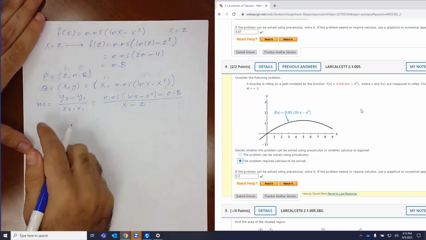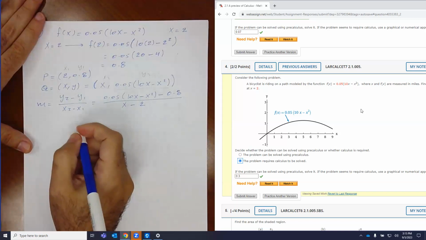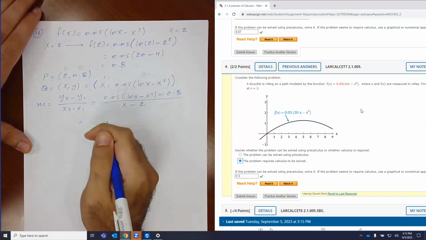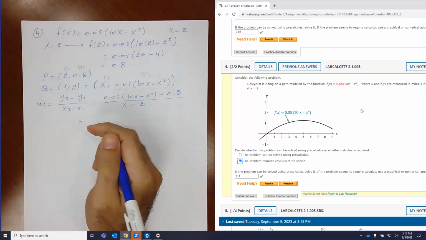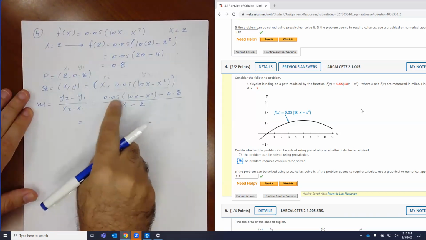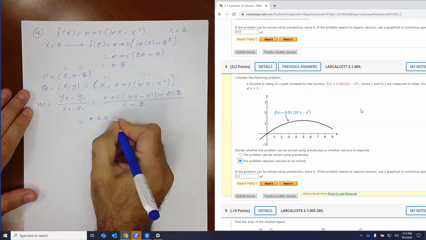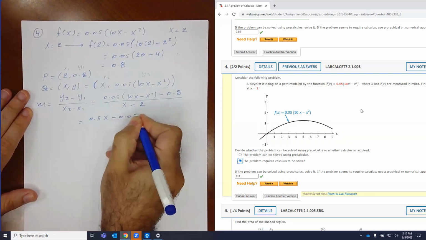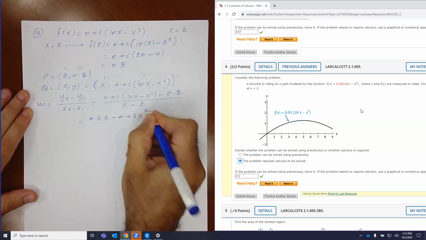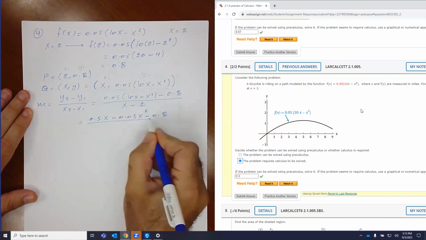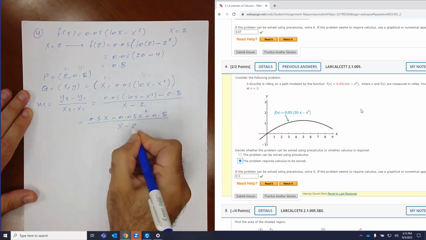So now, let's keep going. What I'm going to do here, I'm going to distribute this part. So it's going to be 0.05 times 10 is 0.5x minus 0.05x squared minus 0.8, divided by x minus 2.